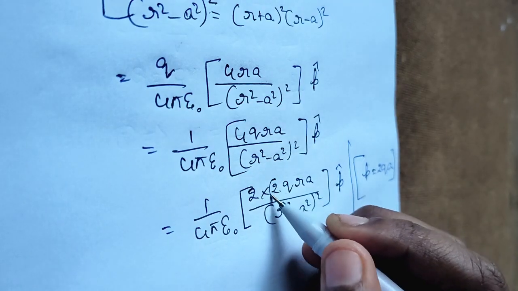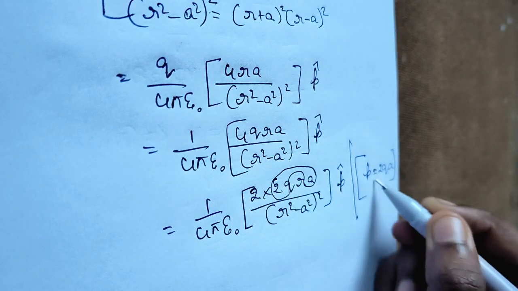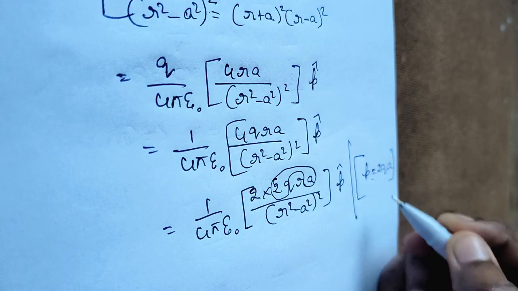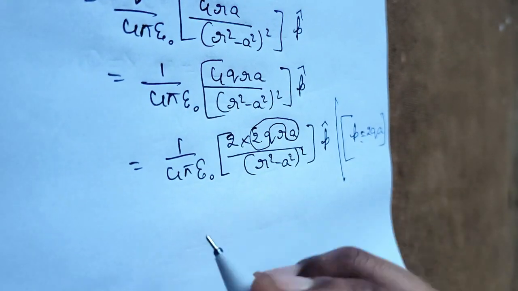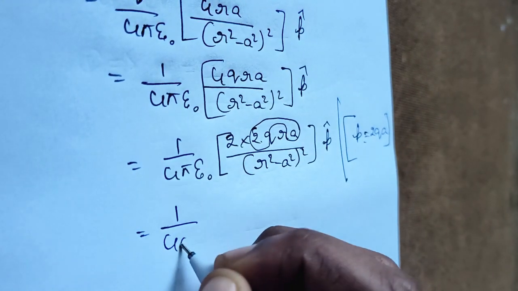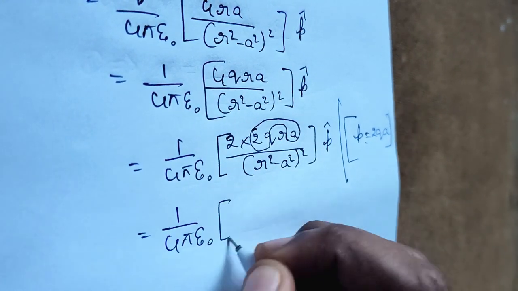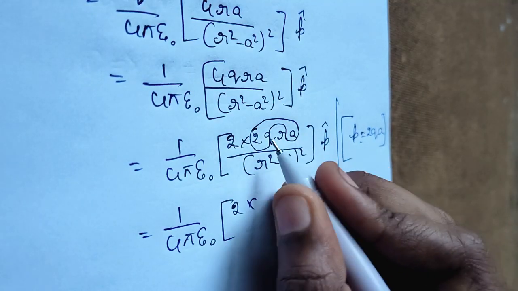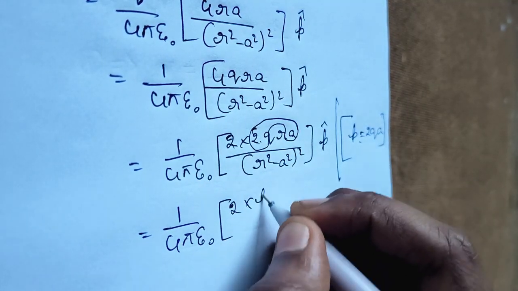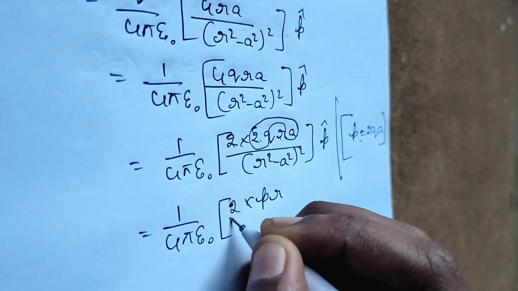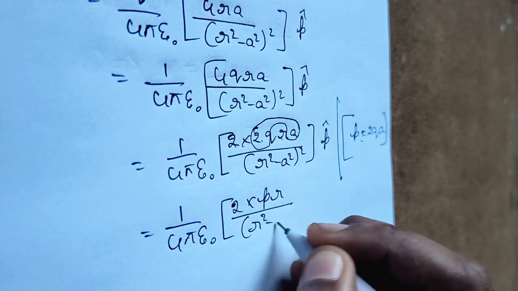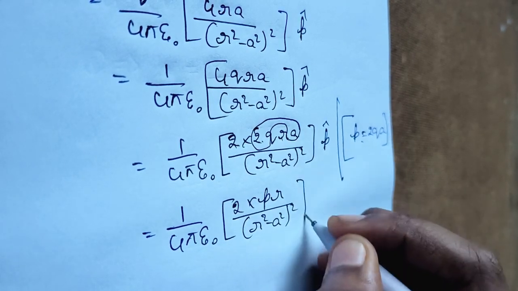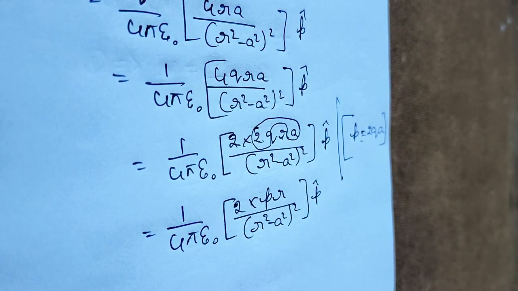I'll replace this 2qa by dipole moment P in the next equation. So what happens to our equation? 1 by 4 pi epsilon naught, 2 into 2qa as P, into r remaining, divided by (r square minus a square) whole square into p cap.